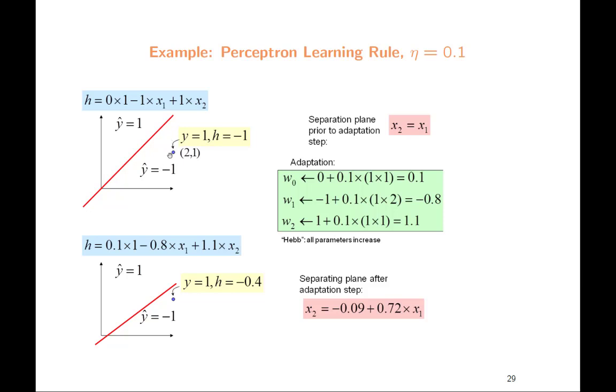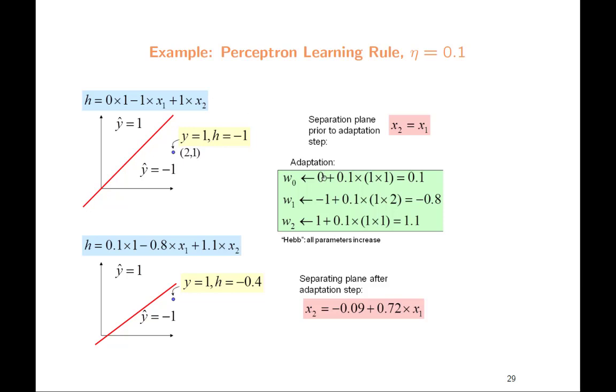It has coordinates 2 and 1. And h at this location is -1 if currently we have this h function 0 minus x1 plus x2. That's why this is a separating hyperplane. So the separating hyperplane prior to adaptation is x2 equals x1, which is this curve here.